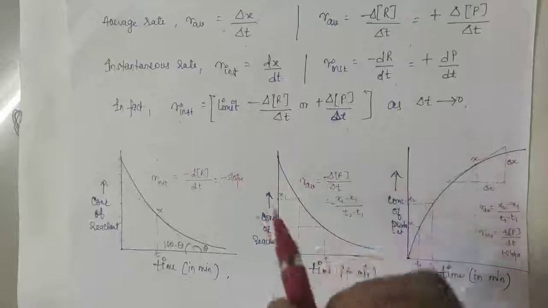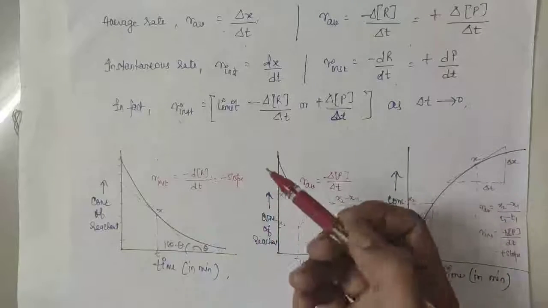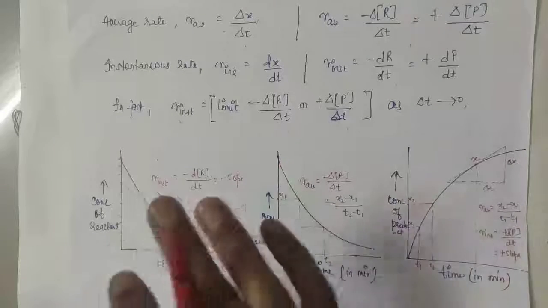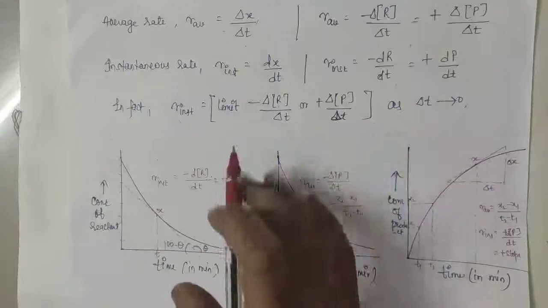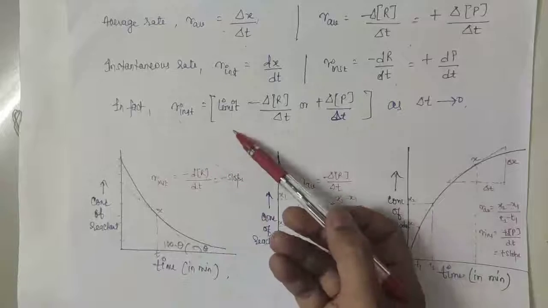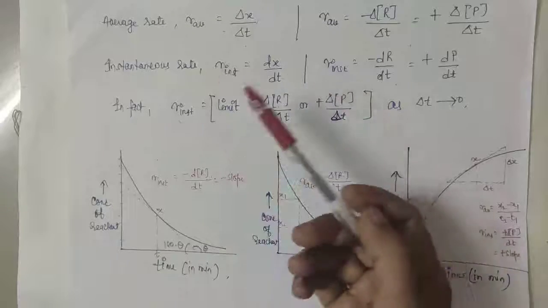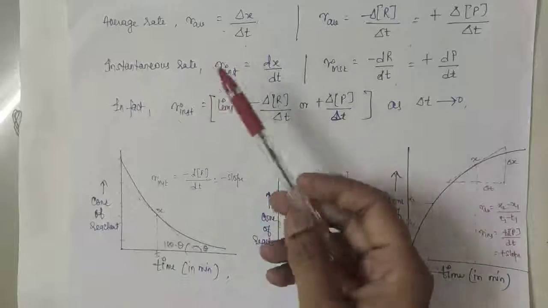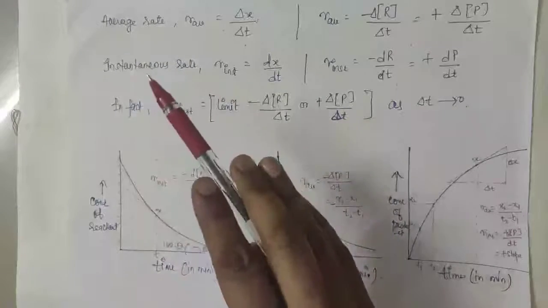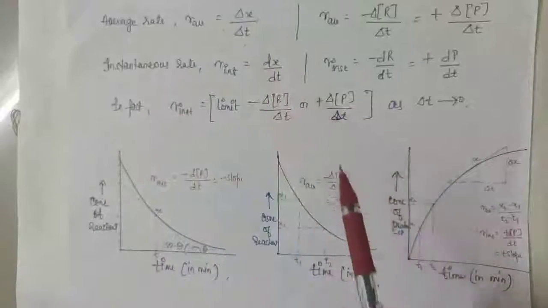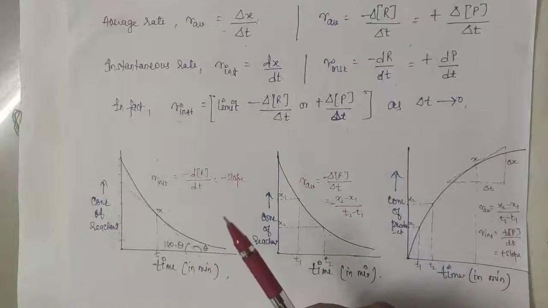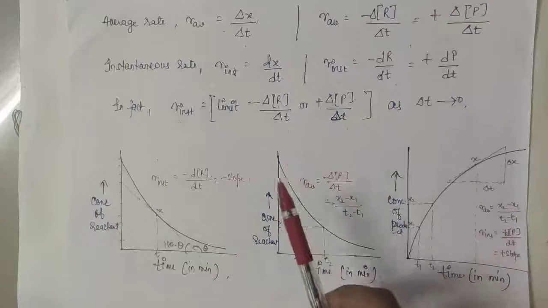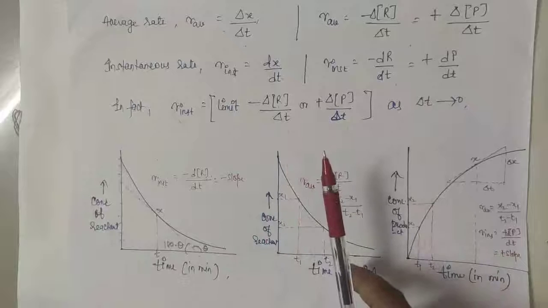So, it is very important that except concentration, all the factors that affect the rate of the reaction should be kept constant for determining the rate of reaction, whether it is instantaneous or average. The factors should remain constant. Now, the concentration of one of the reactants is studied at different intervals of time.